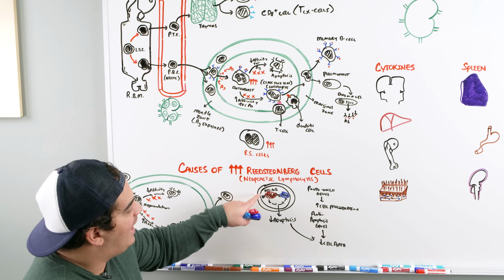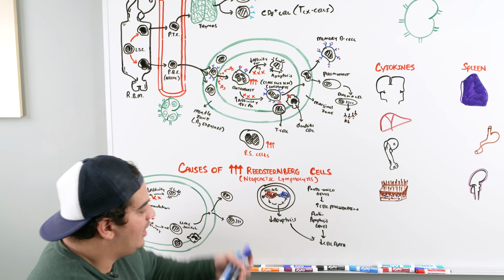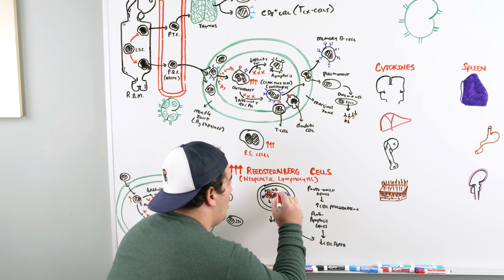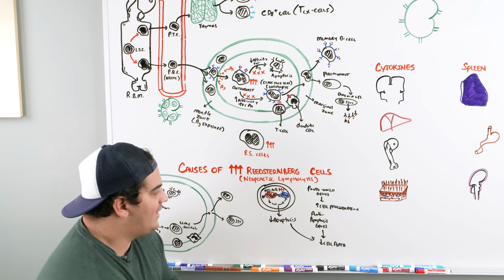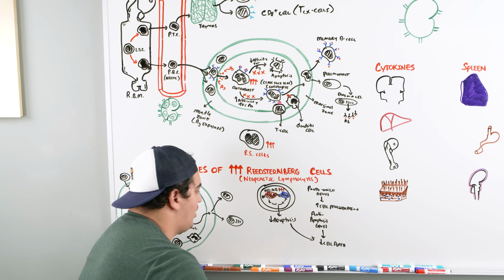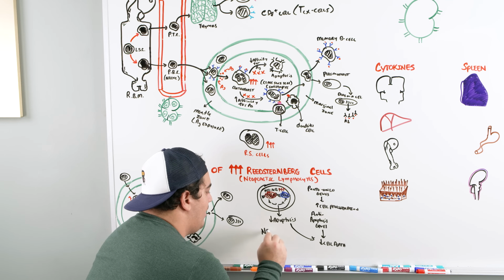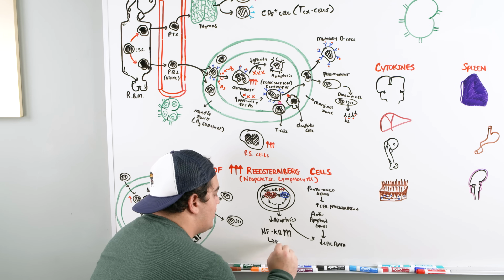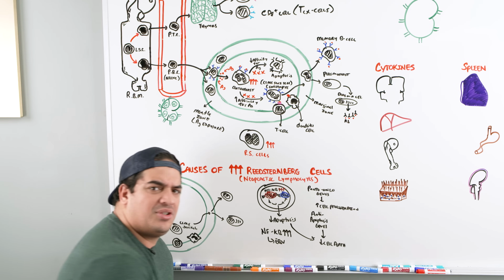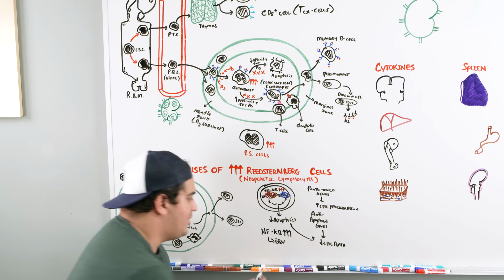But the question is what actually causes this upregulation? So there's a lot of what's called nuclear factor kappa beta. What's the reason for this? There's not a great answer, but what's thought is that nuclear factor kappa beta may be in these high amounts secondary to what's called Epstein-Barr virus, which is the virus that causes infectious mononucleosis.